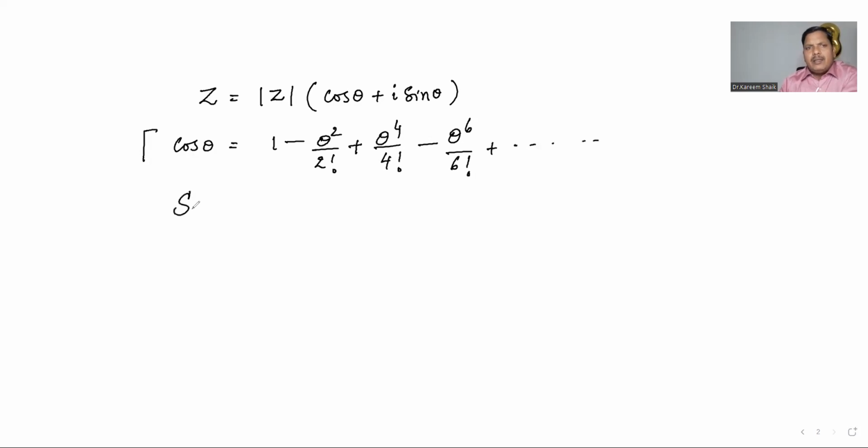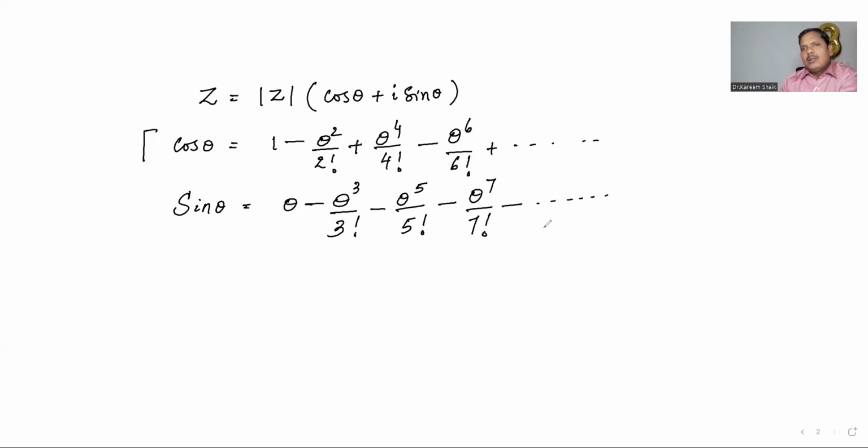In the same way, the expansion of sin theta equals theta minus theta cube upon 3 factorial plus theta raised to 5 upon 5 factorial minus theta raised to 7 upon 7 factorial and so on.